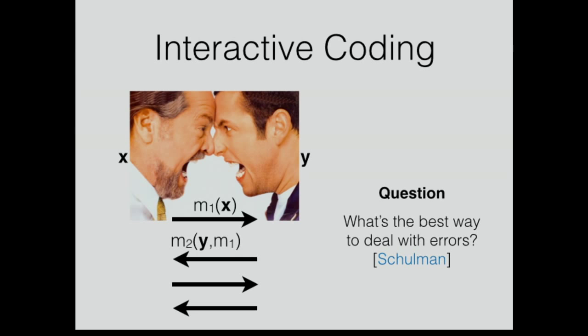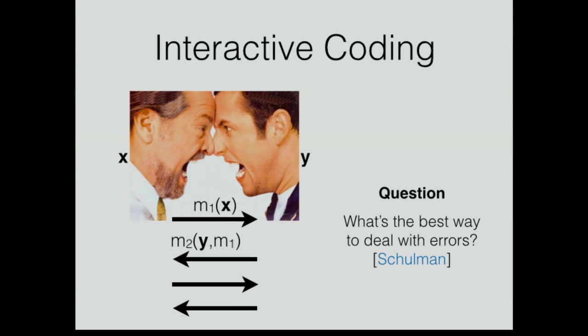The first party sends a message m1 that depends only on x. Then the second party responds with a message that depends both on y and the messages in the past, and so on. In every step, one of the parties sends a message that depends on his input and all the messages that have been transmitted so far.